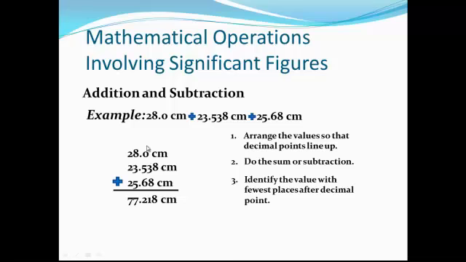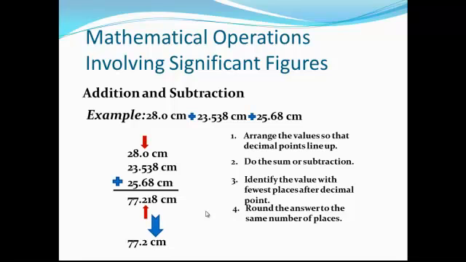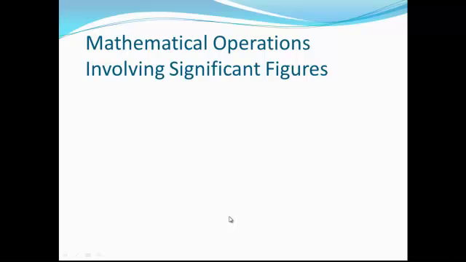And the first one is only to the tenths. So the least accurate one is to the tenths, and your answer cannot be more accurate than that. So you apply the rounding rules, same number of places, and the answer would be 77.2 centimeters. You're rounding at the 2; the 1 is less than 5, so you drop the rest.